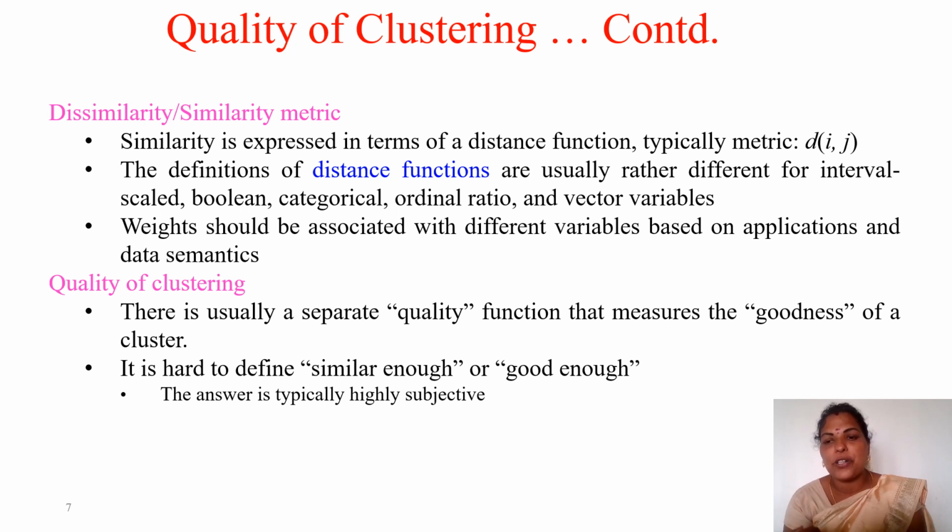Also some measure we have to give in order to measure the quality of the clustering process. Because for measuring the quality of classification, we have many measures like accuracy, precision, error rate, many things. Likewise, for clustering also we have some measures in order to measure the goodness of the clusters. So we have to use all those measures to measure the quality of the clustering technique.